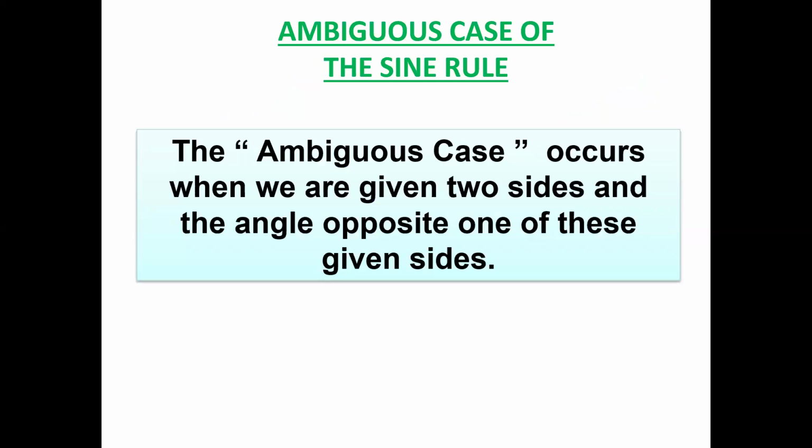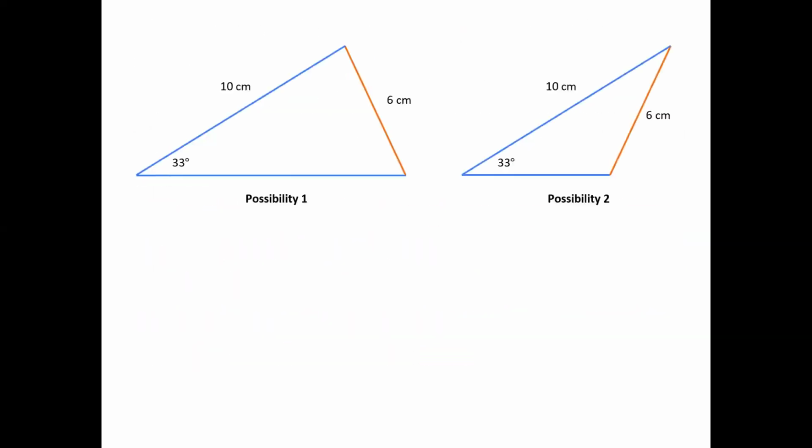The ambiguous case occurs when we are given two sides and the angle opposite one of these given sides. Now, this is a very technical concept: how do you identify in the paper that this is an ambiguous case? Look at this, two sides, 10 and 6, are given.